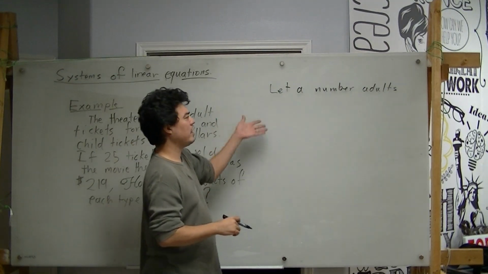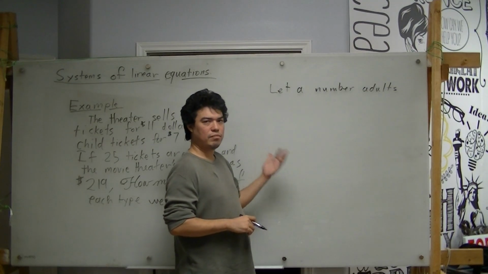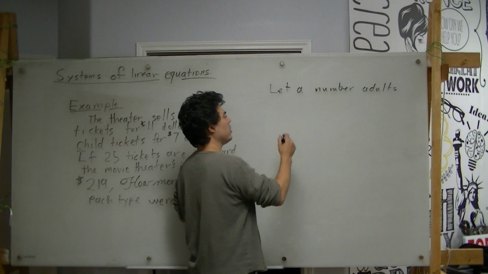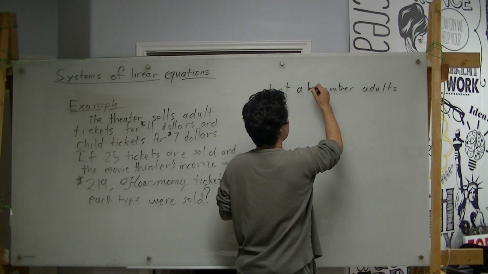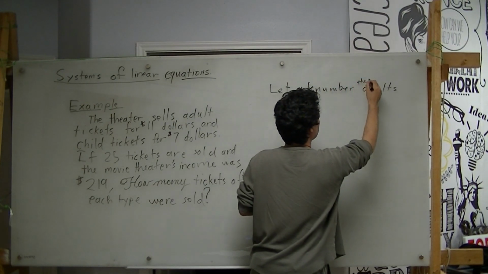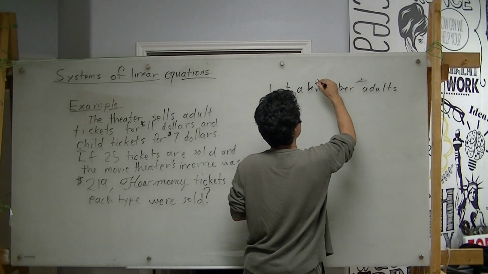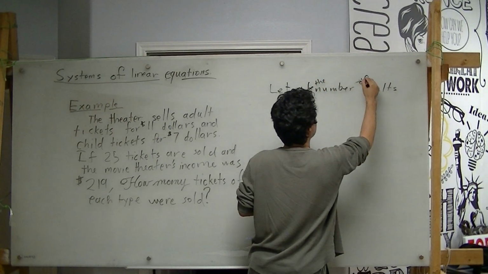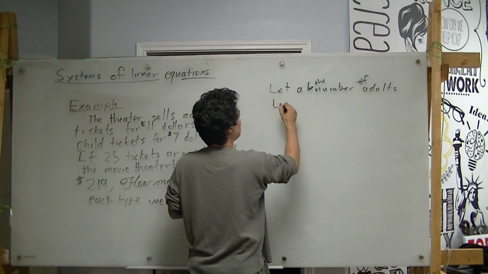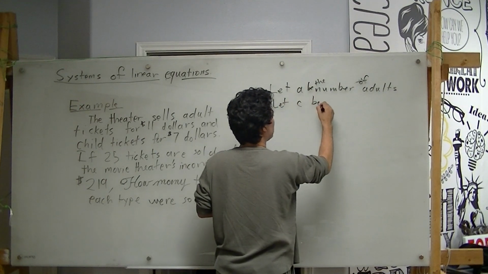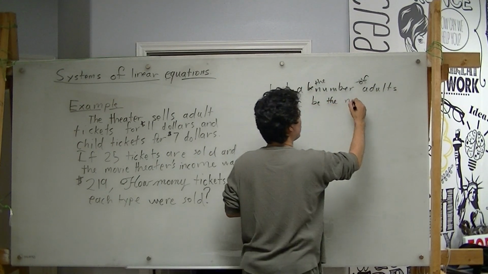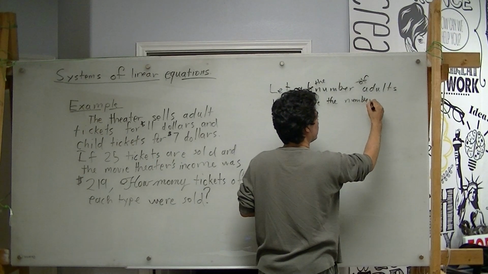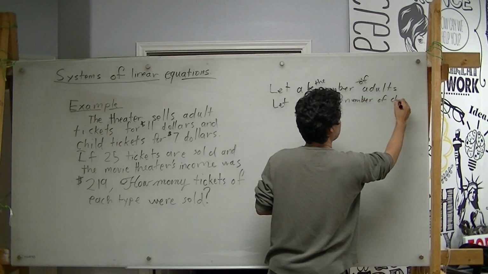By the way, I'm not writing it in complete sentences just to save time. So let A be the number of adults. Okay, that's much better. And let C be the number of children. Okay.